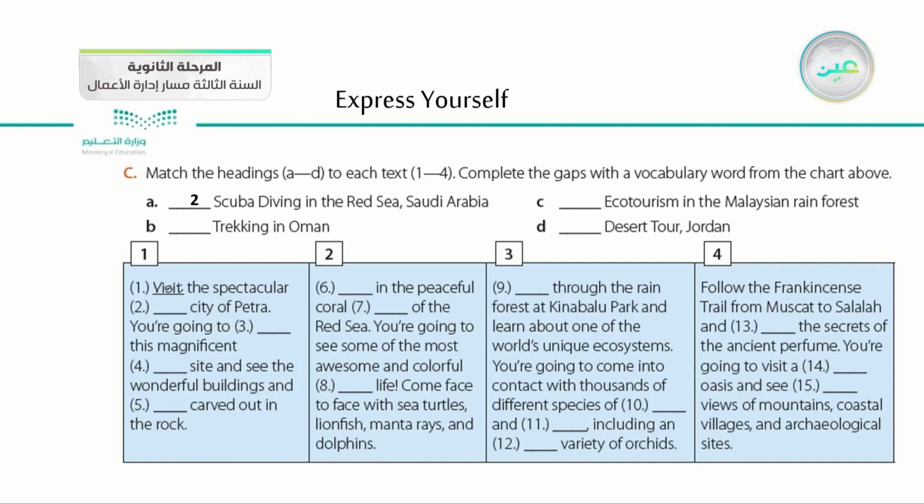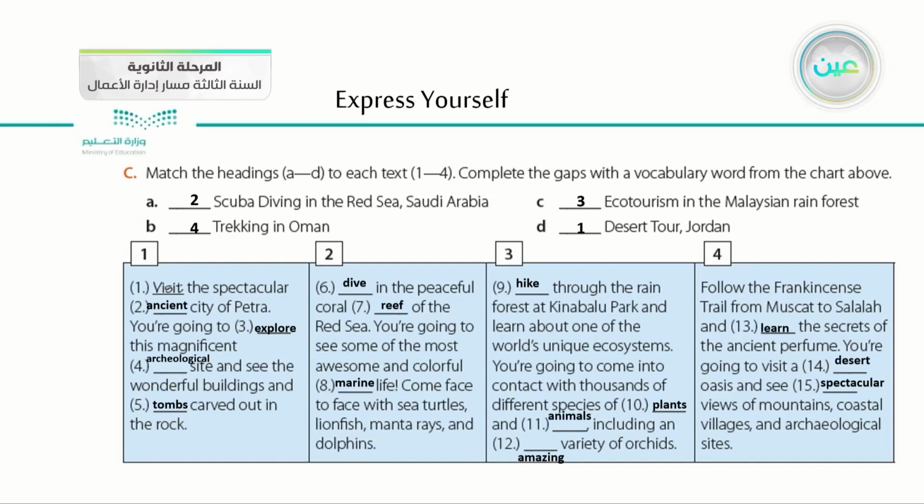So scuba diving in the Red Sea, Saudi Arabia, is related to 2. Trekking in Oman is related to 4. Ecotourism in the Malaysian rainforest is related to 3. And desert tour in Jordan is related to 1. So if we read part of them: visit the spectacular ancient city of Petra.